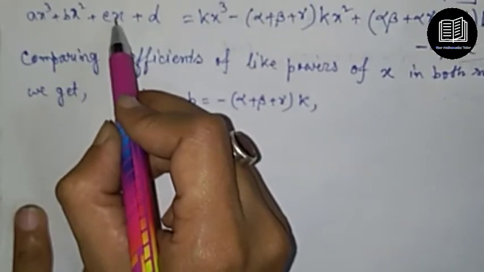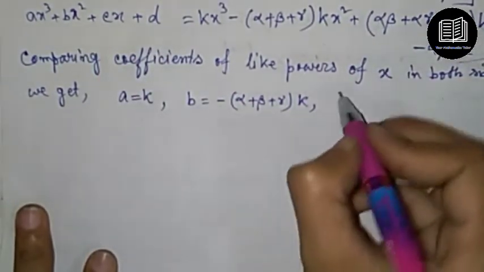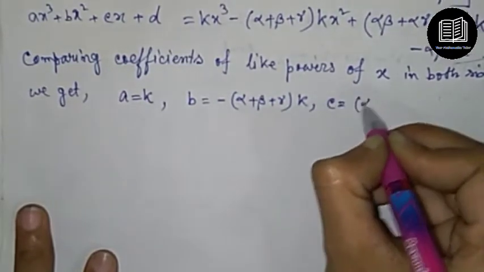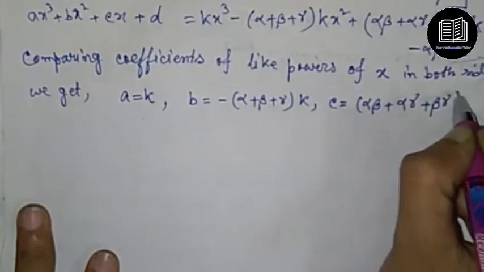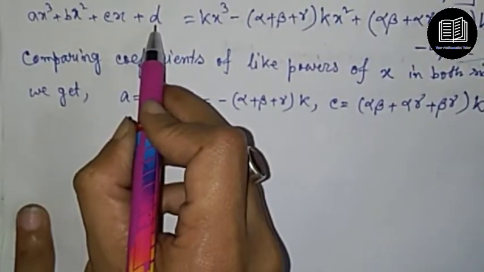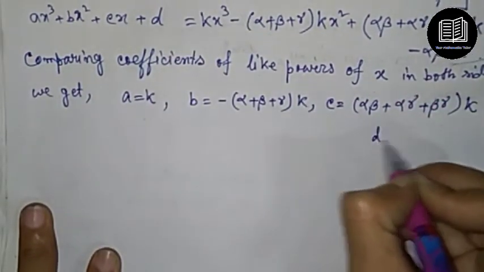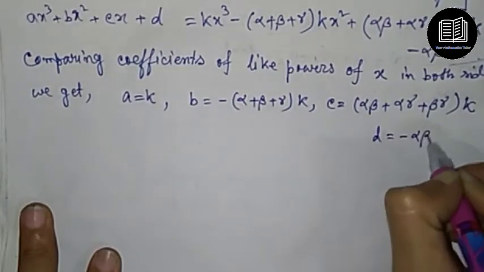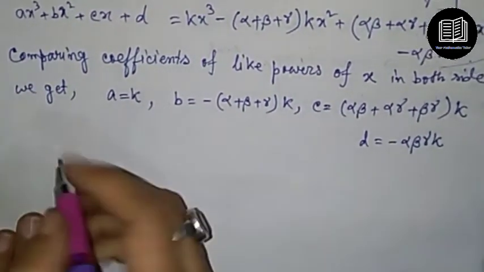Next, the coefficient of x is c and here the coefficient of x is this. So c equals (alpha beta plus alpha gamma plus beta gamma) k. And lastly, d is the constant term. Here this is the constant term, that is d equals minus alpha beta gamma k, right?